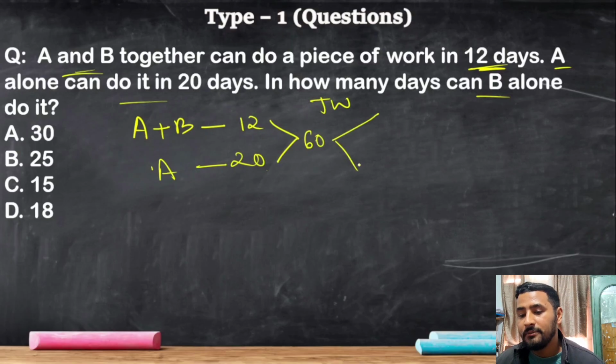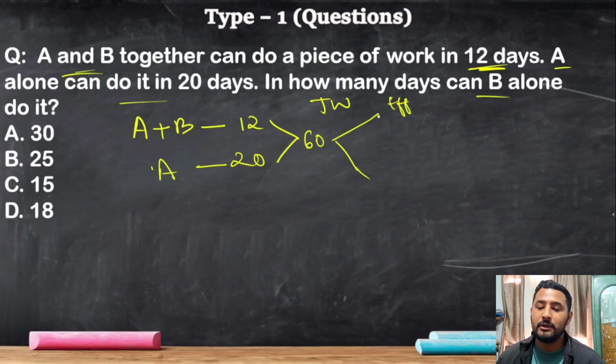Now get the efficiency for both. I will not do 60 by 12 like that; you should remember, 12 into how much is 60? 12 into 5 is 60. 20 into how much is 60? 20 into 3 is 60. Now listen carefully.